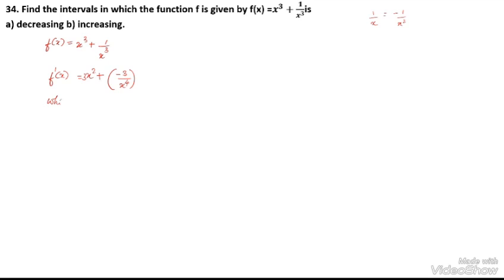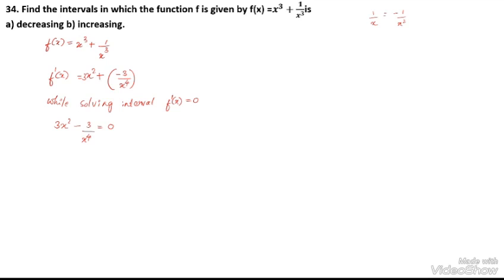While solving the intervals, we can take the function f dash of x equal to 0. Now you will get 3x square minus 3 divided by x to the power 4 is equal to 0.